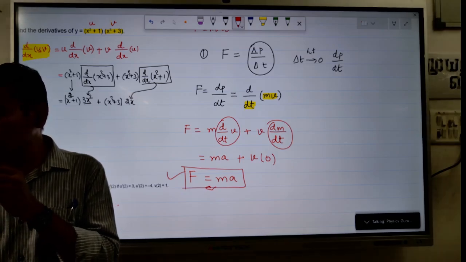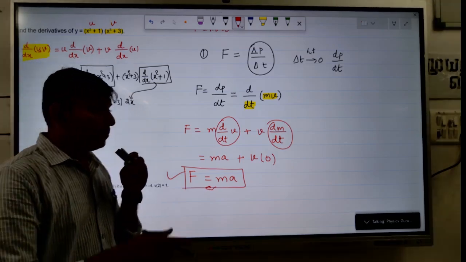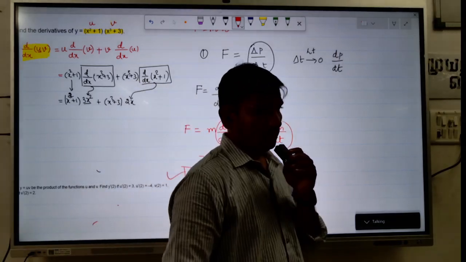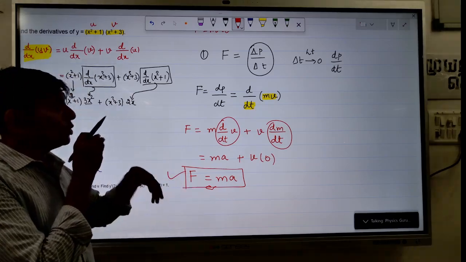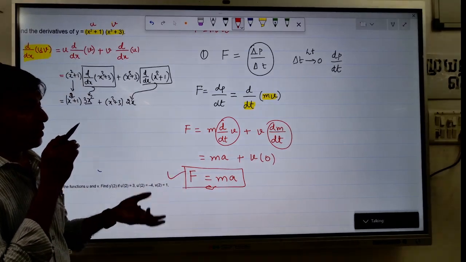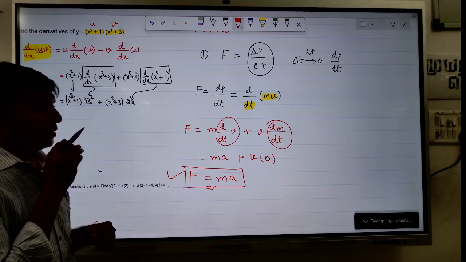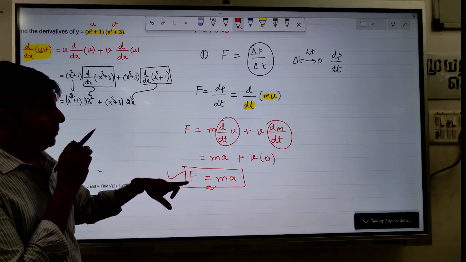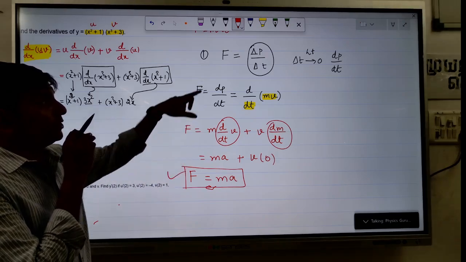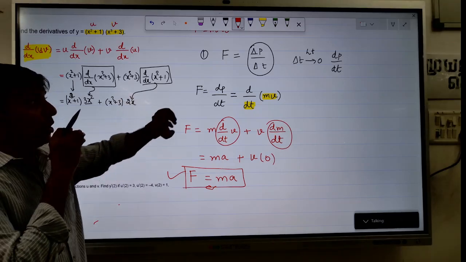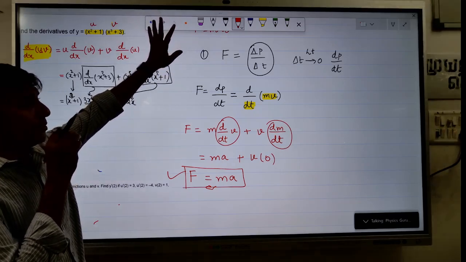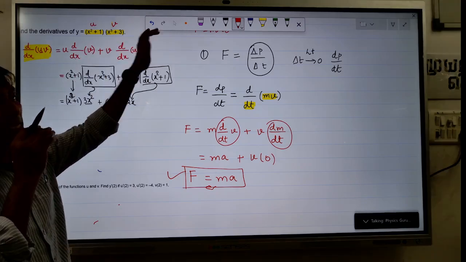Mass doesn't remain constant. So which equation is the most suitable to describe the force? Is it F is equal to ma, or is it F is equal to dp by dt? I would always go with, hands down, F is equal to dp by dt.